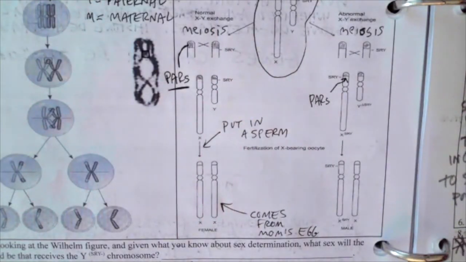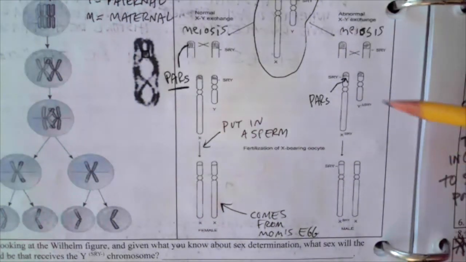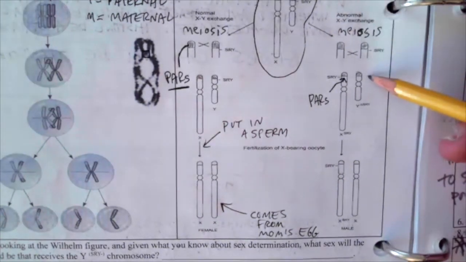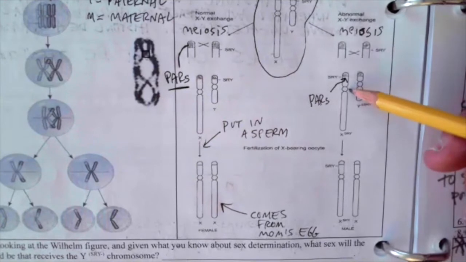Onto the chromosome. Onto which chromosome? One of the X chromosomes. Exactly. So during crossing over, when sperm is being made, dad's SRY gene gets put on an X chromosome.